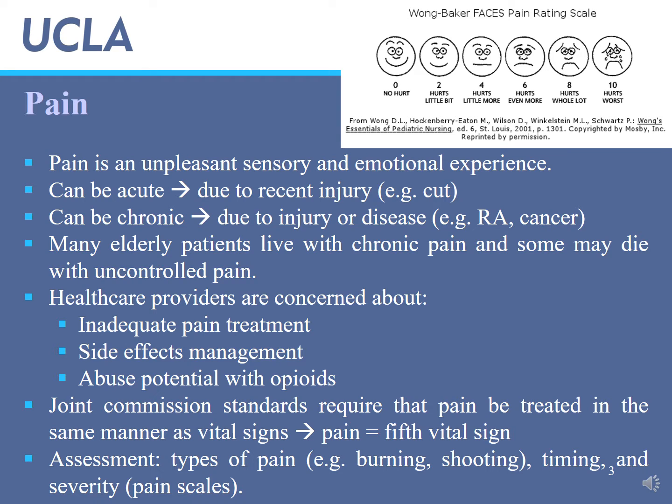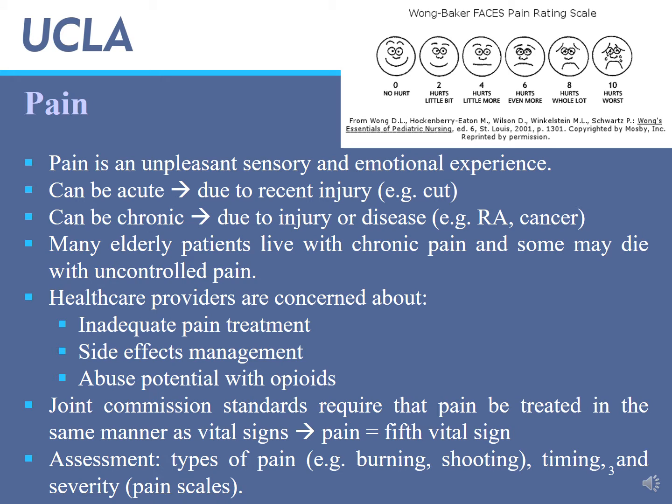So as healthcare providers, we are concerned about inadequate pain treatment, but also about the side effects of those medications, whether it's opioid or NSAID. And of course, with the opioids, we're concerned with the abuse potential of those drugs. The Joint Commission standards require that pain be treated in the same manner as vital signs, so pain is considered the fifth vital sign.